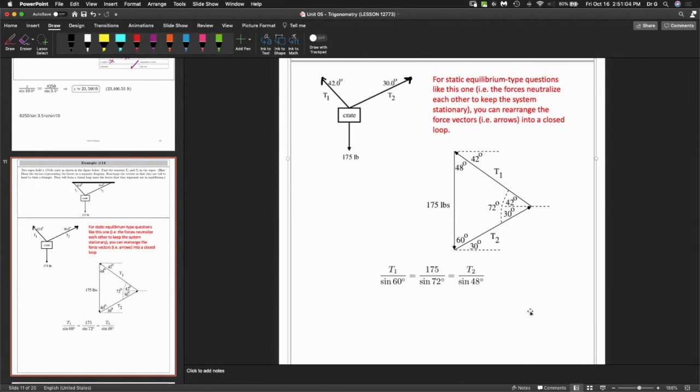There's your sine law. And to solve for T1 and T2, notice that I wrote it as a triple. But you can always think of it two at a time. So if I take these two here, I can solve for T1. And then if I take those two over there, I can solve for T2.